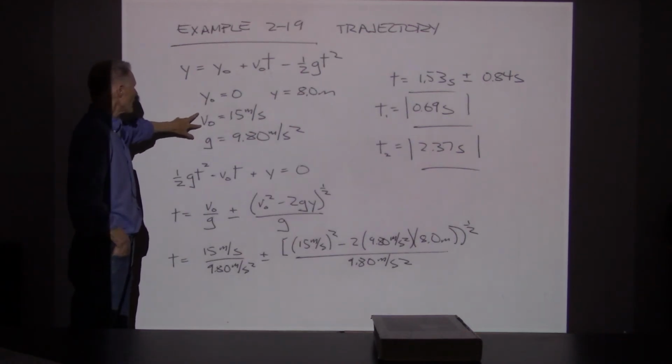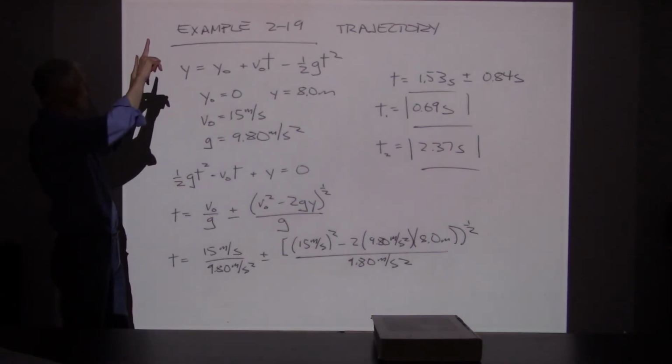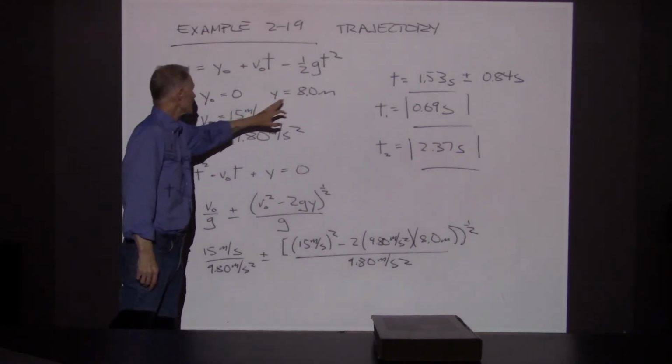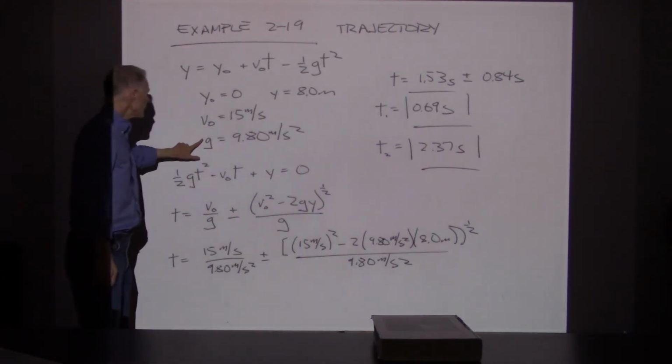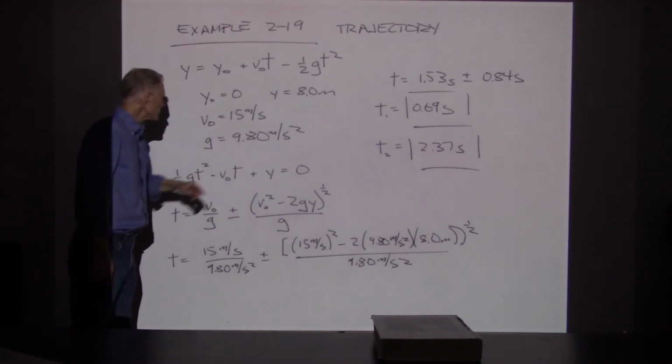The initial velocity is 15, so we're back to saying upwards is positive. Upwards is positive. g is equal to 9.8 meters per second squared.